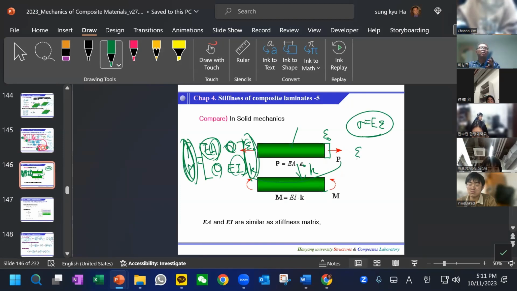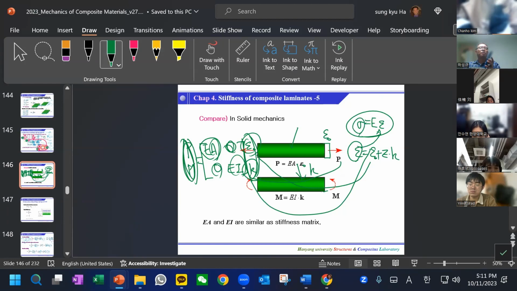And this epsilon is epsilon 0 plus, through the thickness, Z and K. So again, once we know the epsilon 0 and K, we got this, and then we got that, and then epsilon, and then we get the stress. So stress means this guy, each ply, each position of stress. Each position is sometimes compression, sometimes tension. So once we have this one, then we have a failure.